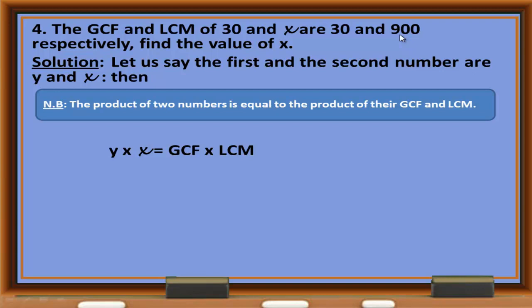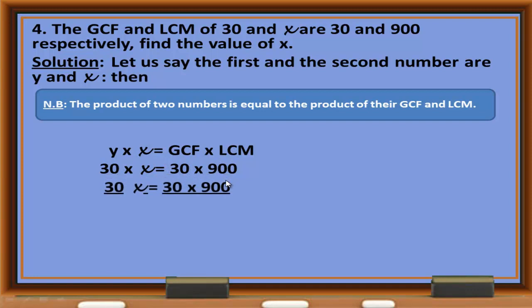You should recall this formula. Therefore, 30 times X, 30 is the first number, the second number is X, is equal to the GCF 30 times the LCM 900.